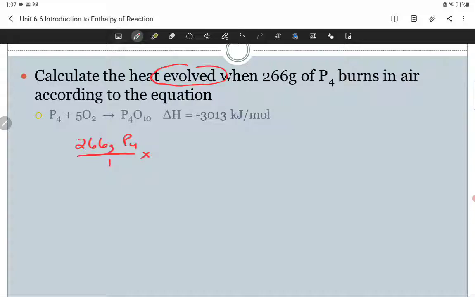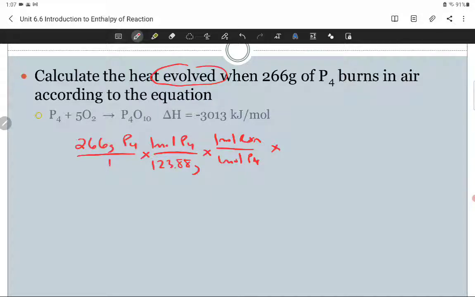You're going to have to go on the periodic table and find that molar mass. And then typically I wouldn't write this down, but I'm going to write it down today. In 1 mole of P4, there's 1 mole of reaction.